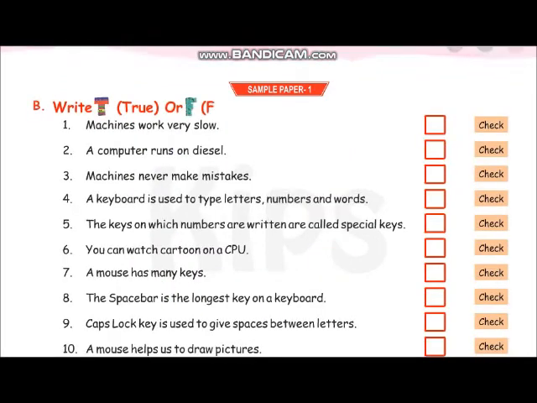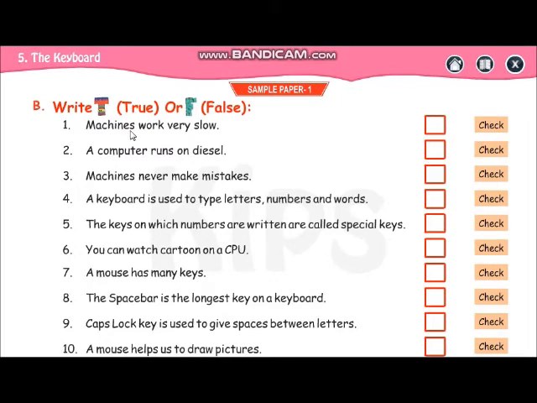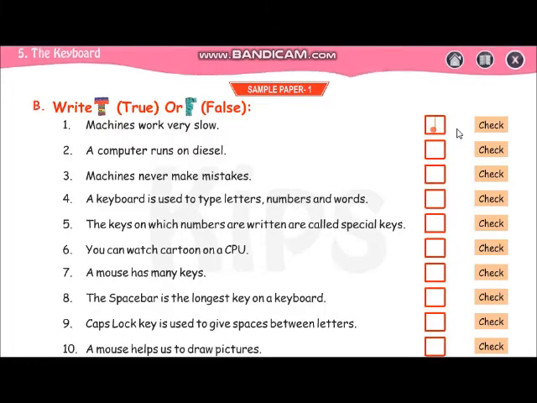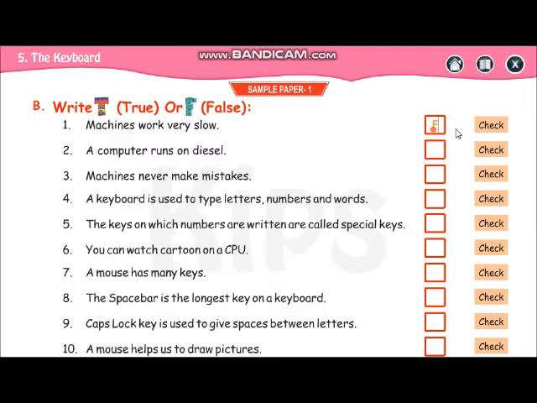Now write T for true, F for false. Machine works very slow. False. Computer runs on a diesel. False. Machine never makes mistake.